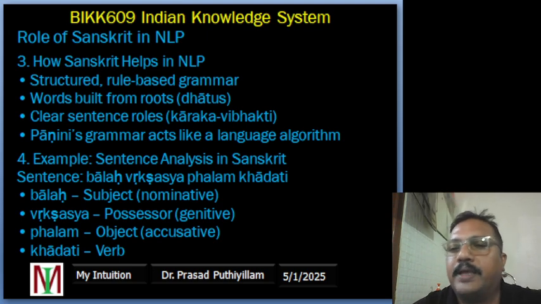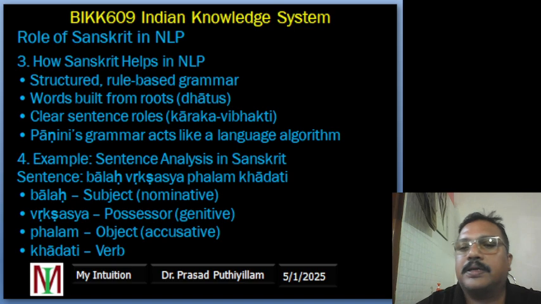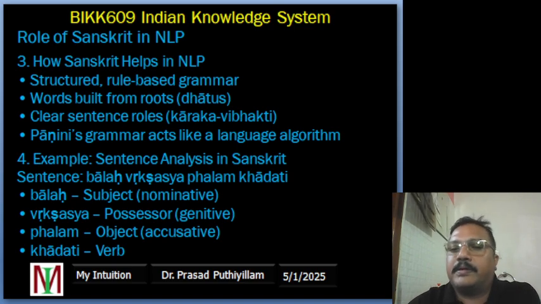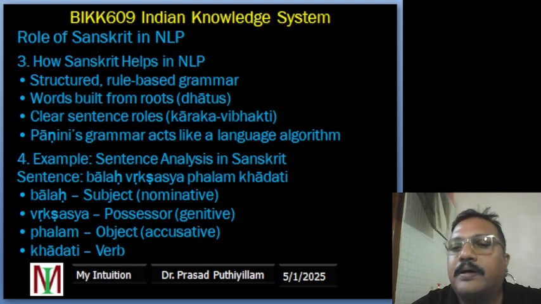For example, take a sentence analysis in Sanskrit: Bala Vrikshasya Phalam Khadati, which means the boy eats the fruit of the tree. If you break it down, Bala, the boy, is the subject.